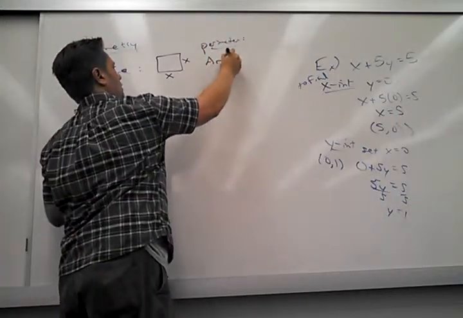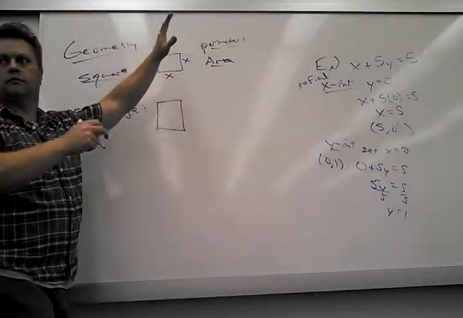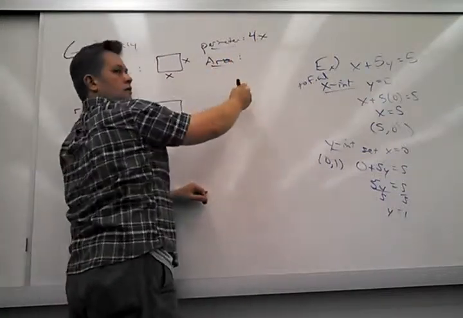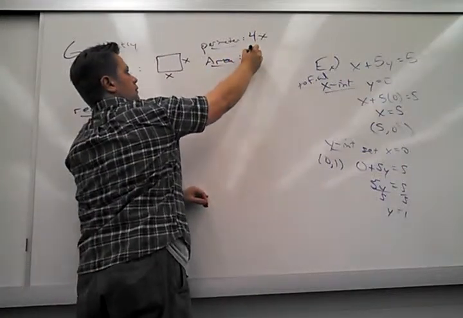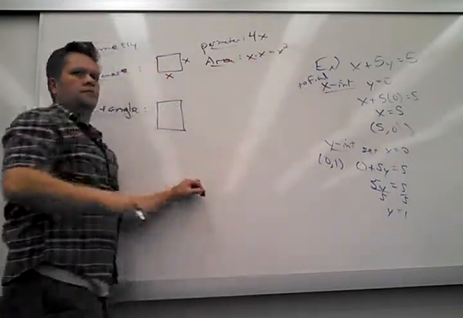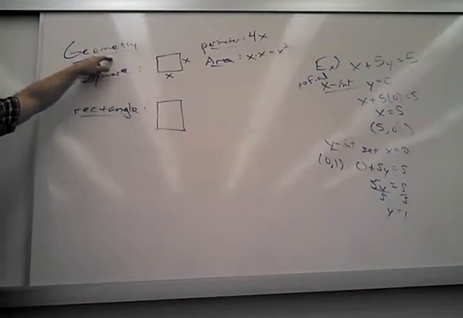Careful. Perimeter, add them all up, so it'd be X, X, X, X, 4X. And what would the area be? X times X, which is X squared.